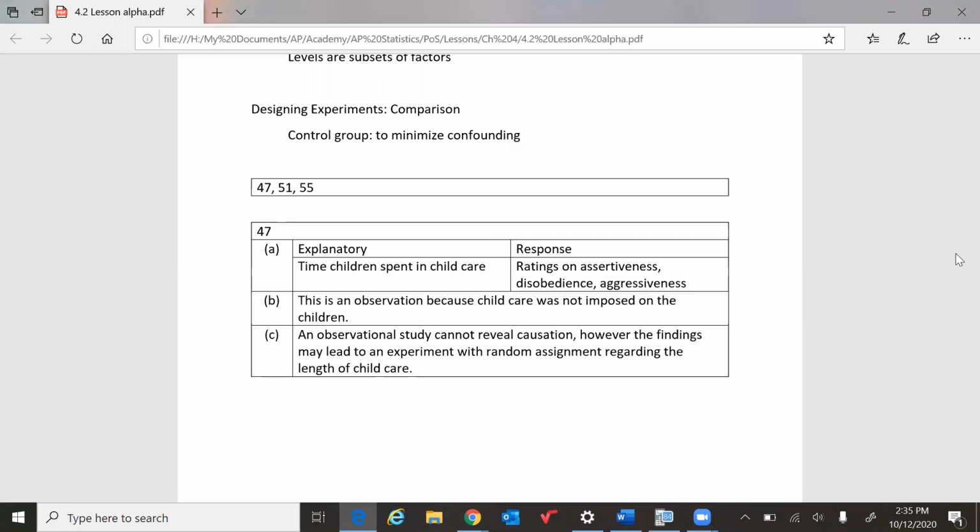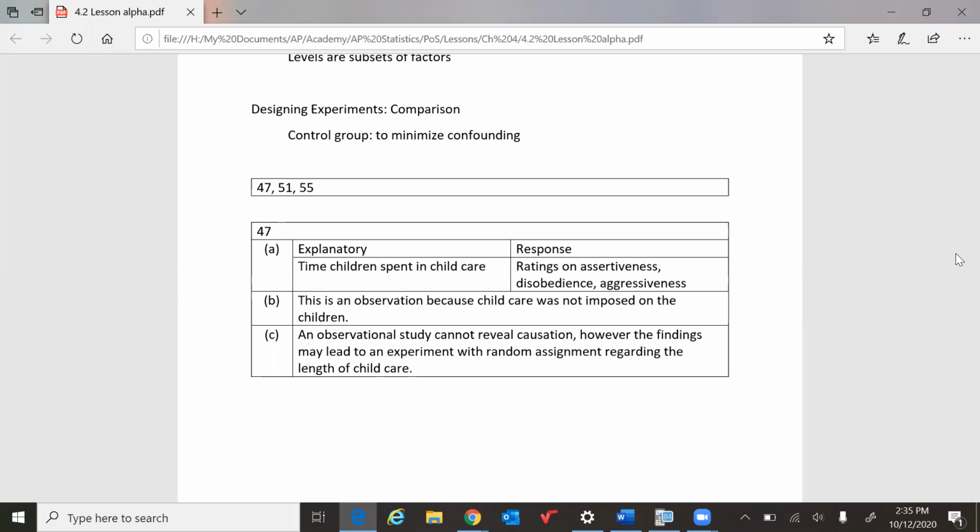The response is a rating based on their assertiveness, disobedience, aggressiveness. But it's an observation because they didn't go to these families and say, we're taking your child and putting them in childcare. The family made the decision. And then they tracked these children.